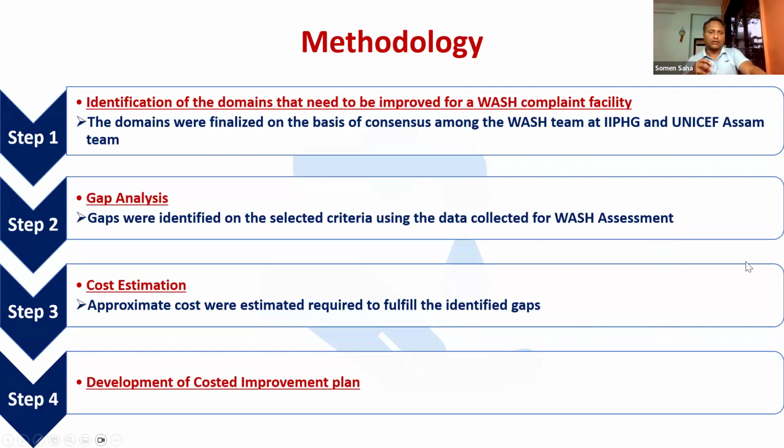Based on the domains, we did a gap assessment for each domain to assess whether those facilities are WASH compliant, how far away they are, and what it would take to make them WASH compliant. In step 3, we assessed cost estimations to fill those gaps, and I will explain in a few minutes how we did the cost estimation. And finally, we developed a costed improvement plan. Next slide.